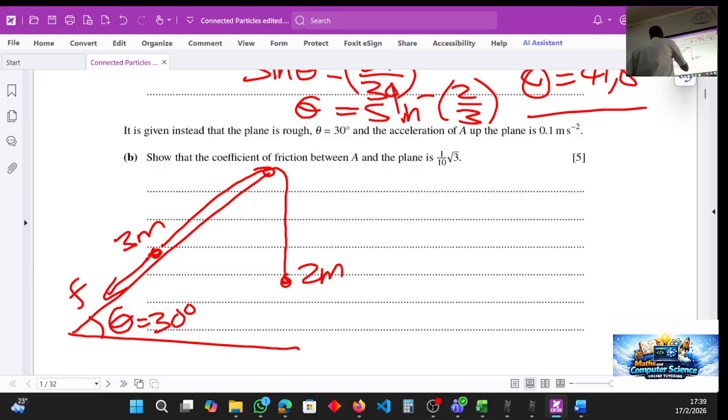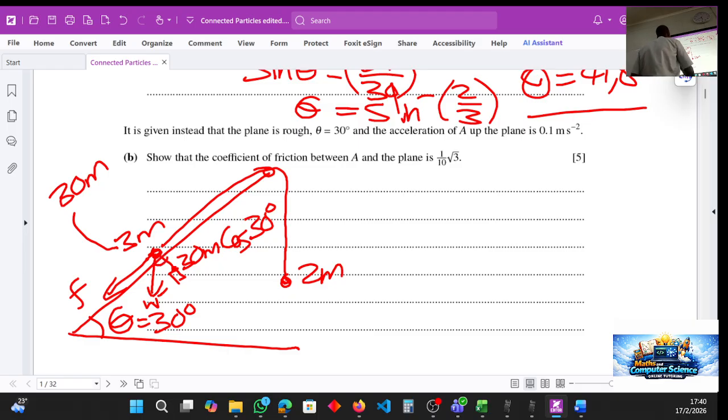And also remember the weight which is pulling the object down is broken into its components, perpendicular and parallel. So from this mass, remember we got a weight of 30m. If I want this perpendicular component, it's going to be 30m cos 30 degrees. And this parallel component, which will go downwards, is going to be 30m sine 30 degrees.